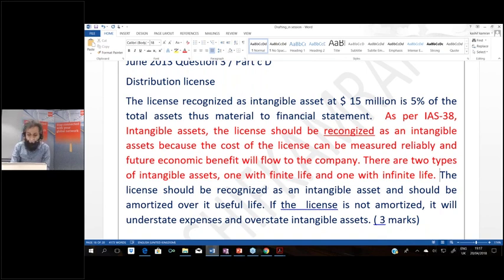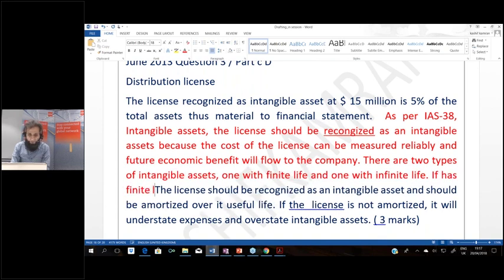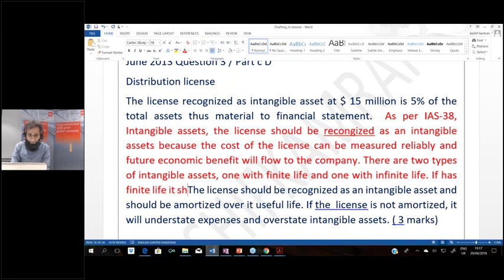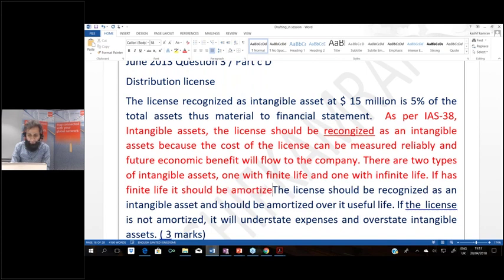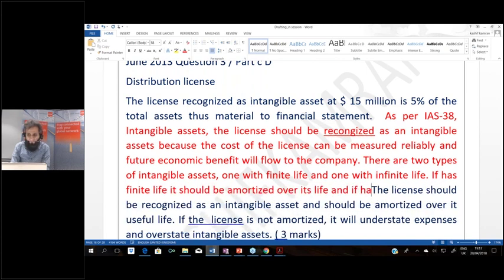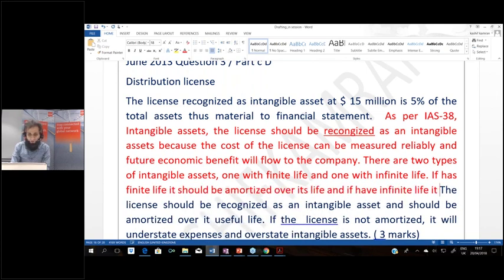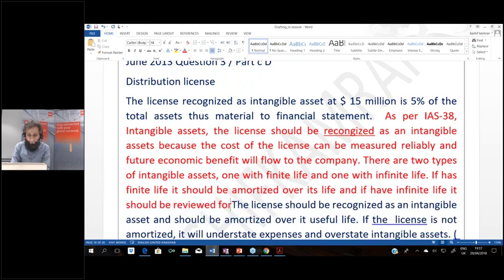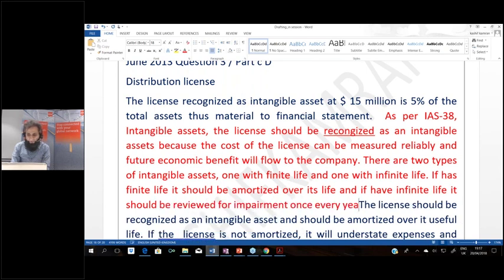Then he starts writing, if it has finite life, it should be amortized over its life, and if it has infinite life, it should be reviewed for impairment once every year.